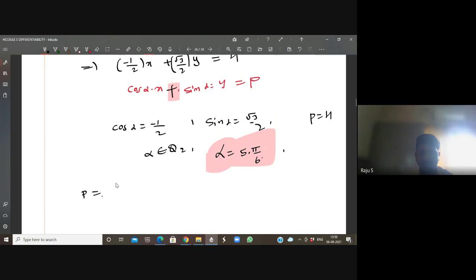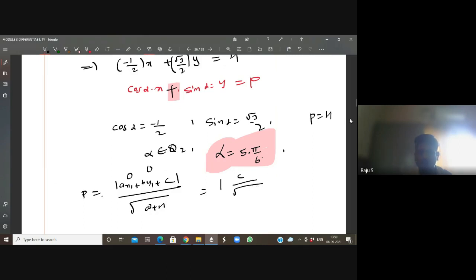So perpendicular distance p is minus a x1 plus b y1 plus c by root over a square plus b square. From the origin, substitute 0, 0 here. What is the a value?